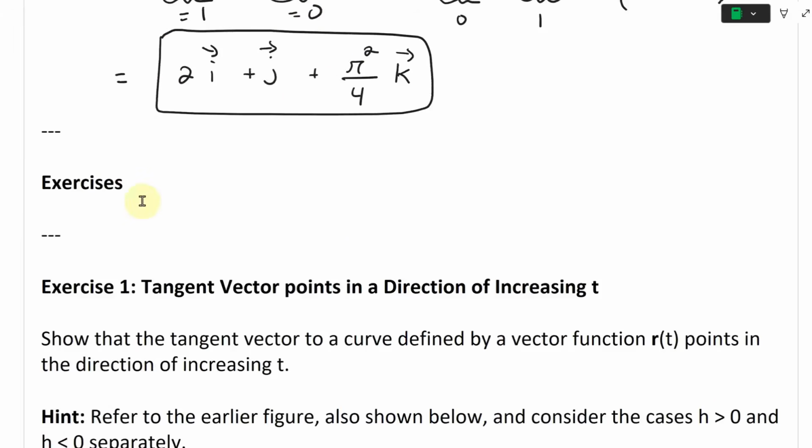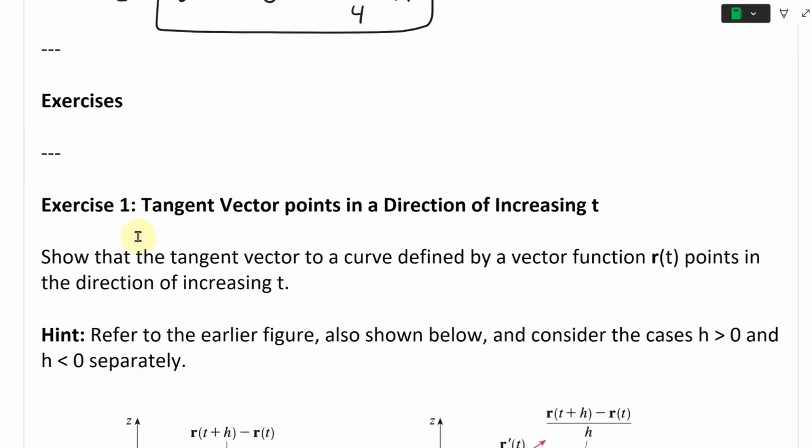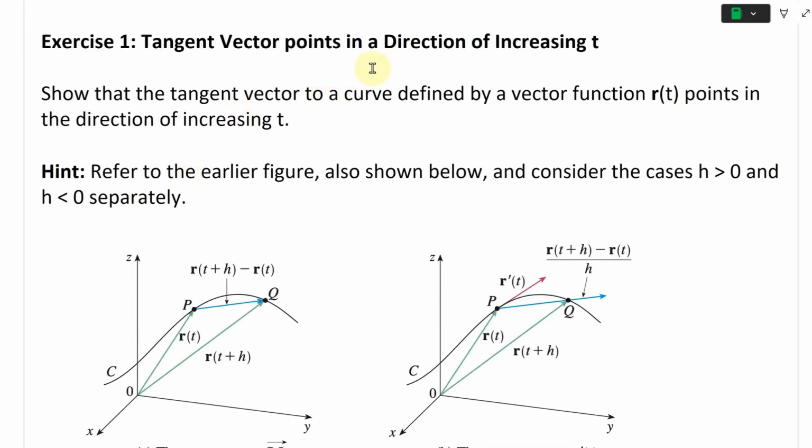All right, now we pretty much covered the section of this chapter, and now let's look at the exercises. Exercise 1: the tangent vector points in the direction of increasing t, or the parameter t. We're asked to show that the tangent vector to a curve defined by a vector function r of t points in the direction of increasing t.